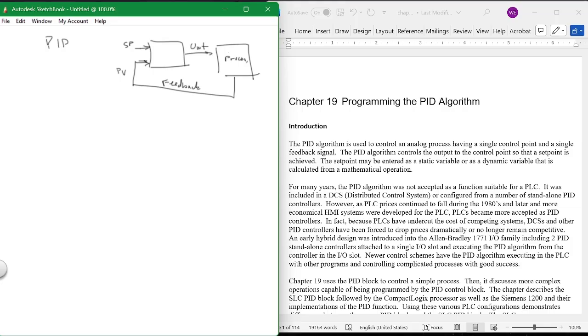Now, we can't always guarantee what this process is going to do. We don't know what it's going to do, but we do know that we can put an algorithm together that takes the difference between the SP minus PV, which is the error, and then we take a proportional term times the error plus an integral term times the error.